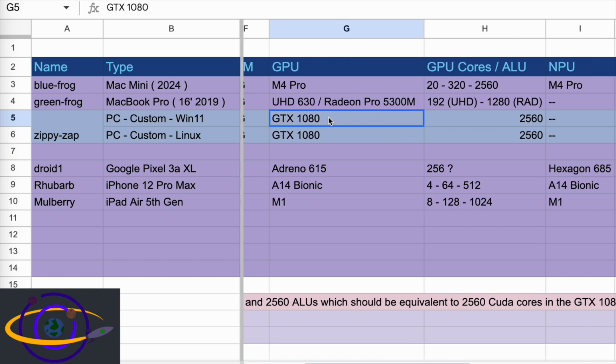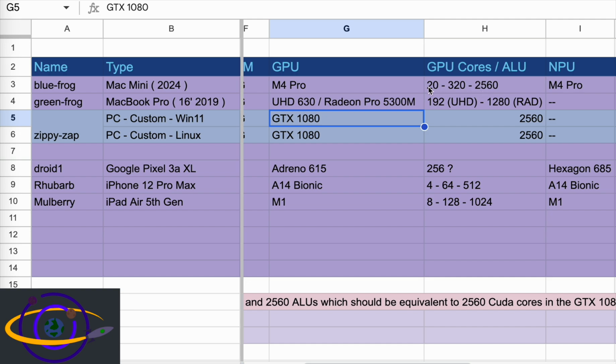The NVIDIA GTX 1080 in the custom PC has 2,560 of what it calls CUDA cores. These CUDA cores are very, very simple components. They're basically an ALU, an arithmetic logic unit, so they are the equivalent to the ALU in the M4 Pro.